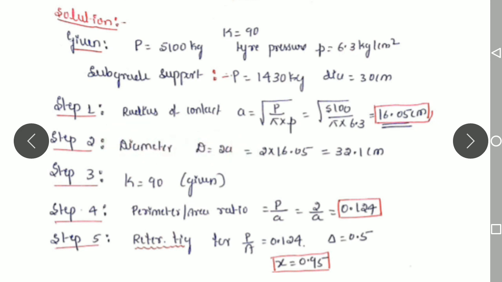D is equal to 2 into a. This is the diameter you need to find out. Using this diameter we calculate the k value, but here the diameter is not necessary, because the base course constant k is given in the problem itself. That is, k is equal to 90 here.